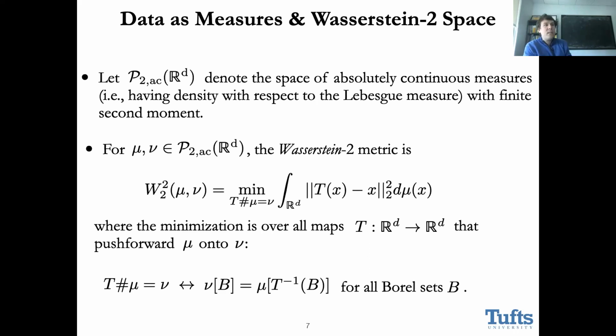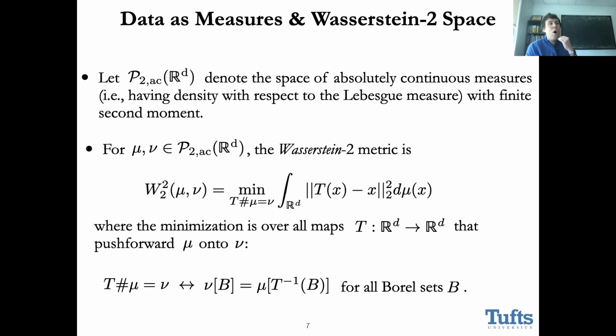So what I'm going to do is define it variationally. I'm going to define it as the minimum over a space of maps T, which I'll say something about in a moment. And for each T, I'm going to look at the average displacement under the map T. So I'm going to look at averaging with respect to some probability measure mu, one of the measures I'm comparing. I'm going to look at, on average, how far the point X is moved by T of X. Okay, so the interesting part about this problem is this minimization.